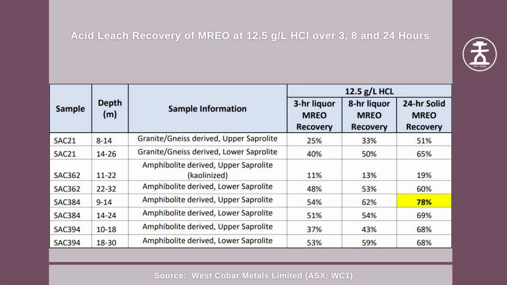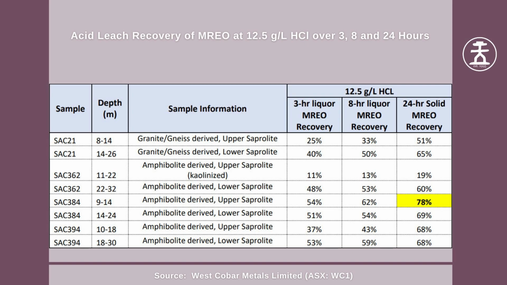So this is all in consultation with ANSTO. So we're talking to them about what makes sense as the next step, and the 12.5 grams per litre was the obvious one to look at next, and that series of tests, again, we did the 3-hour, the 8-hour, and the 24-hour, and all those were encouraging again. So you'll see good recoveries on all those on the 12.5.